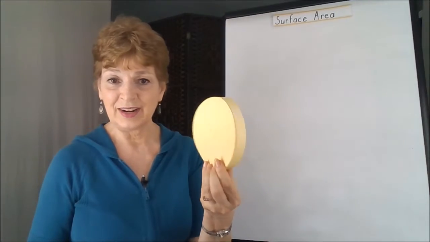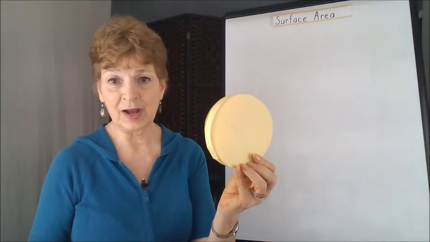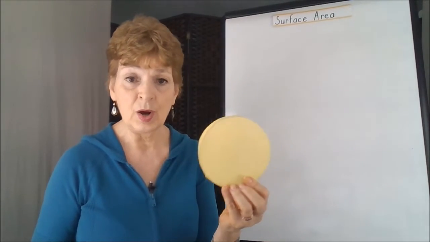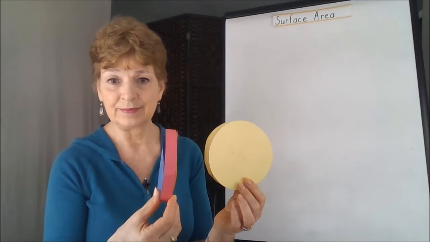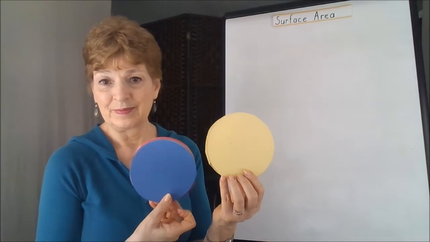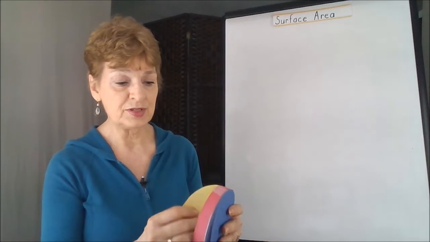Now the surface area of this shape is a little harder to see when it's all the same color, but you have to be thinking, where are all the surfaces? Perhaps it's easier to see if I showed it to you this way. So we have two of the circles.